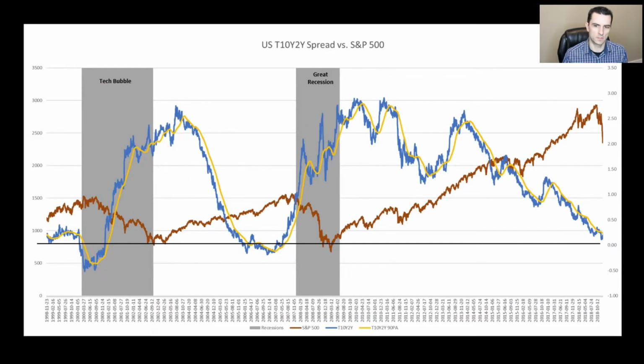Next, I wanted to quickly cover the spread between the 10-year and the 2-year US Treasury bonds. Again, you're looking for that black line, which is the point at which the yield curve inverts.